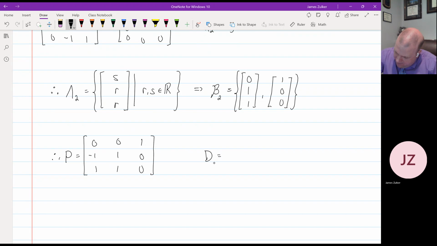And then our D would be, right, since the eigenspace associated with the eigenvalue 3 was dimension 2, we put 3 in the D matrix twice.